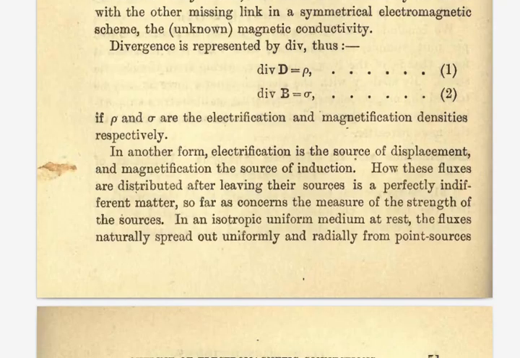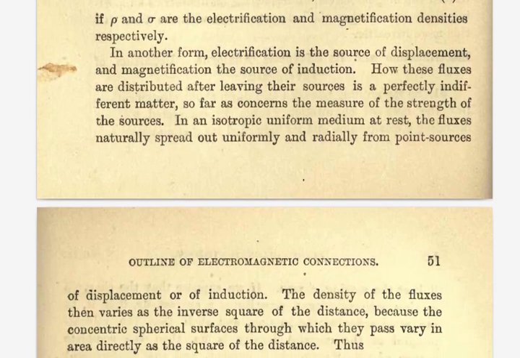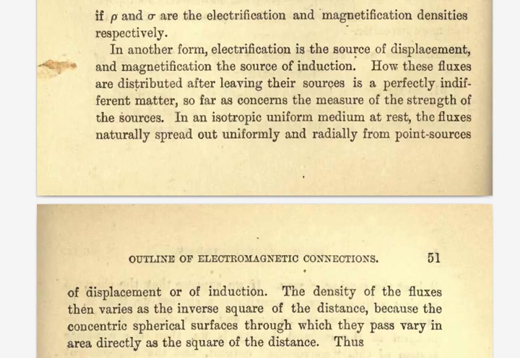Divergence is represented by div, thus div d equals rho, div b equals sigma, if rho and sigma are the electrification and magnification densities respectively. In another form, electrification is the source of displacement, and magnification the source of induction.